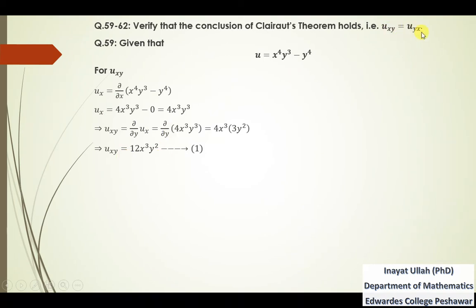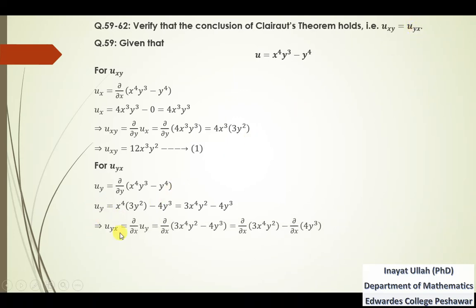Similarly for uyx, first of all we need to find uy, differentiating this u with respect to y. So with respect to y, that is 3y square into x4, and 4y cube for the y4 term. So there is 3x4y square minus 4y cube, that is uy, and then we need to differentiate this uy with respect to x.